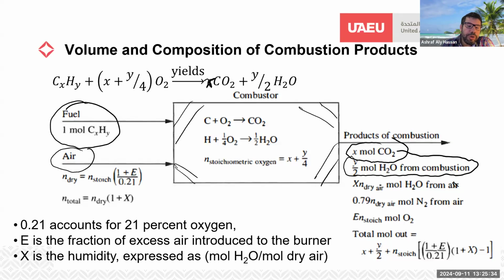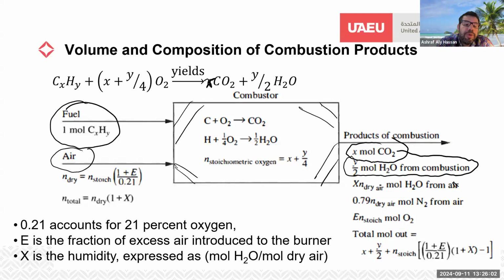So usually when we are having air that comes in, this air will have humidity of some sort. If the humidity is 0, then we are only talking about oxygen and nitrogen. However, if the humidity is high, we are adding another complexity into our combustion. So the N dry just refers to dry gas, dry air without any humidity.